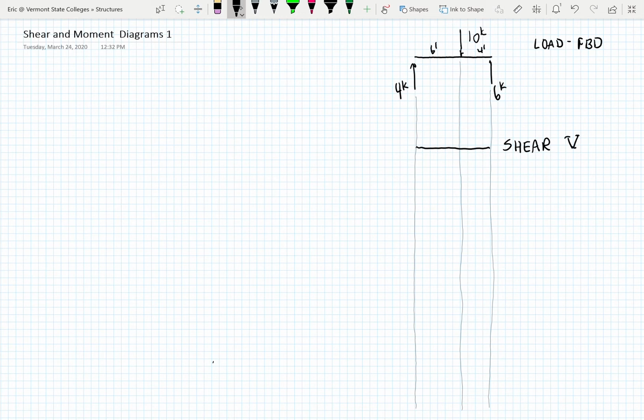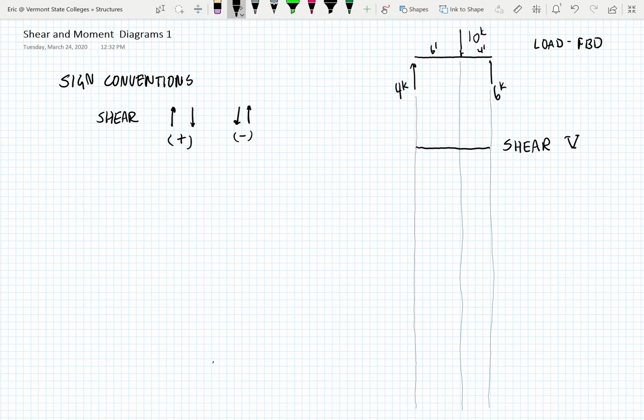And we have some sign conventions we need to talk about: what's positive shear, what's positive moment. In shear, up on the left, down on the right is positive. Down on the left, up on the right is negative. These are just sign conventions.